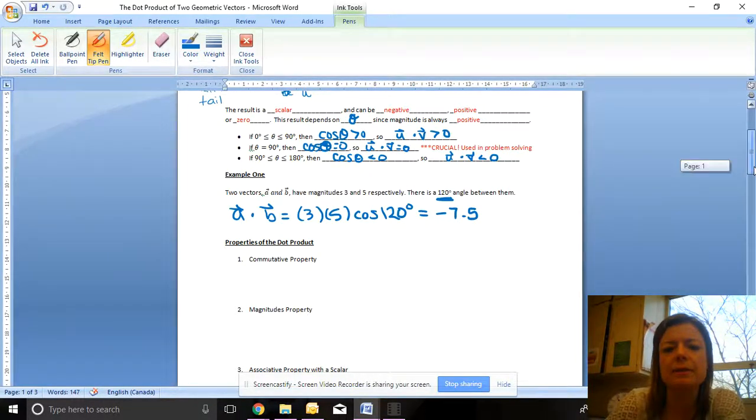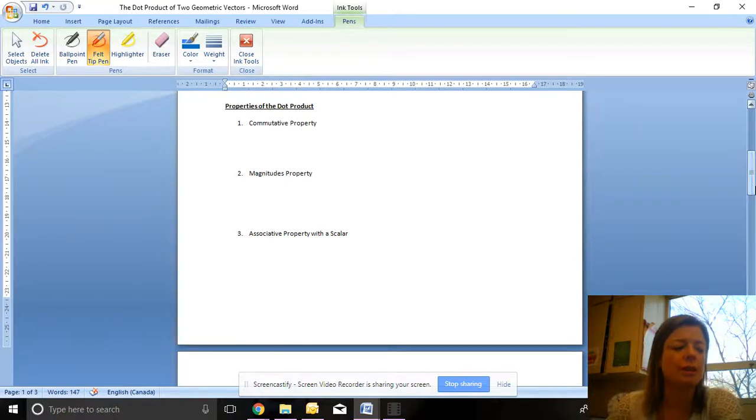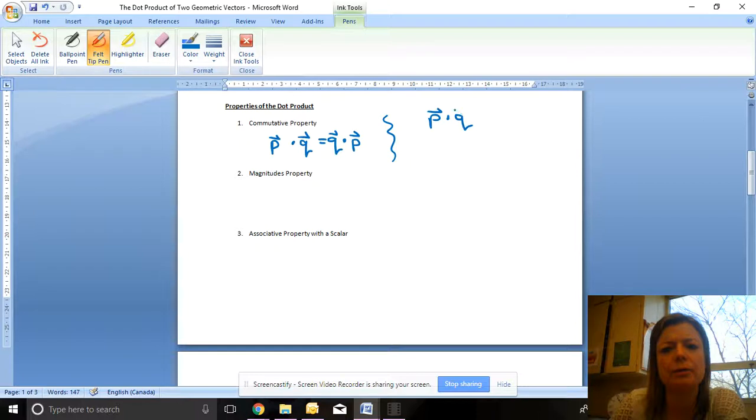Okay, some properties of the dot product. I'm just going to show these ones, and then number 4, I'm going to do a little visual proof. The commutative property says that P dot Q is equal to Q dot P. This is because P dot Q is just equal to the magnitude of P times the magnitude of Q times cos theta.